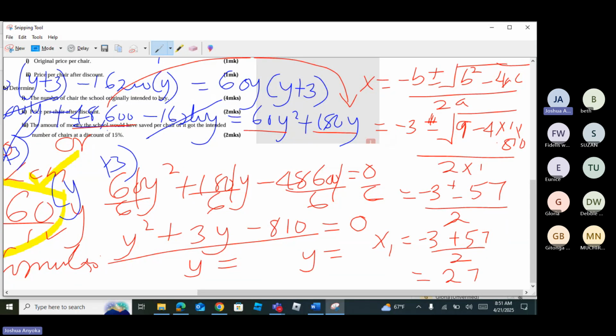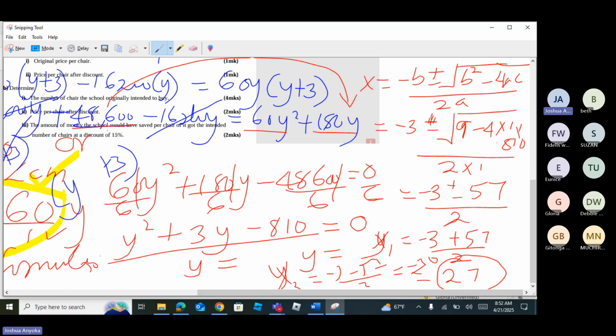The second, y2, will be -3 minus 57 over 2, which is -30. We ignore -30 and move along with +27.